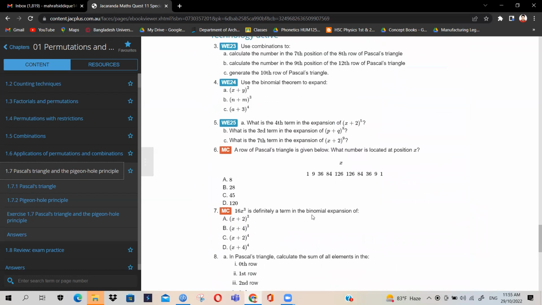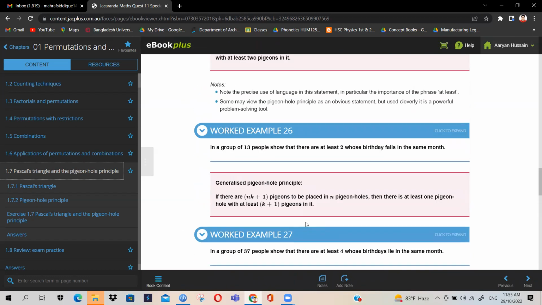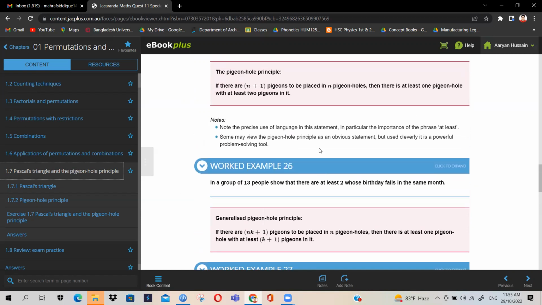If you go up a little bit, yeah, there. First one: if pigeons are to be placed in pigeonholes, then there is at least one pigeonhole with at least what?